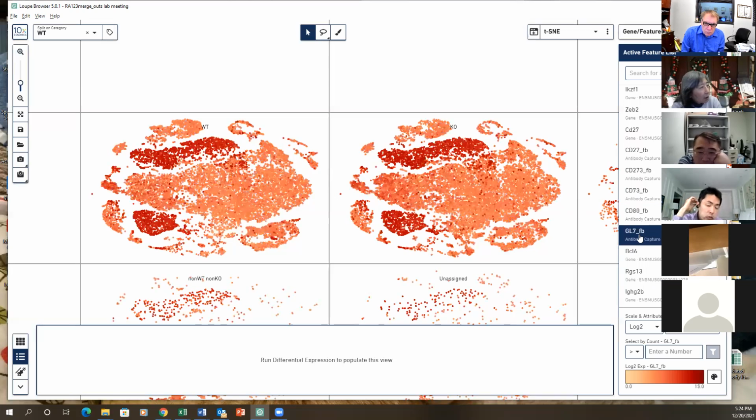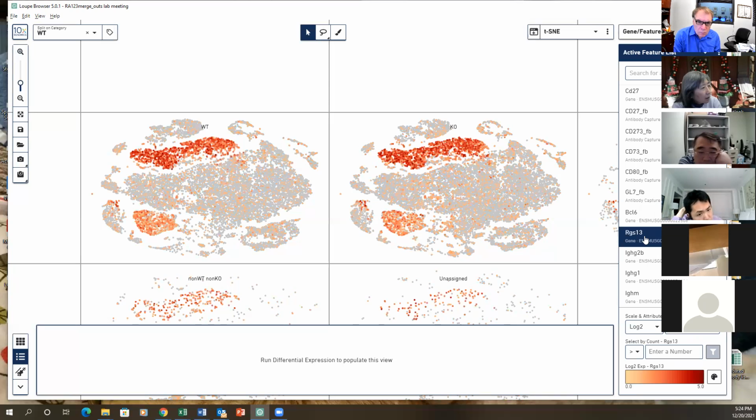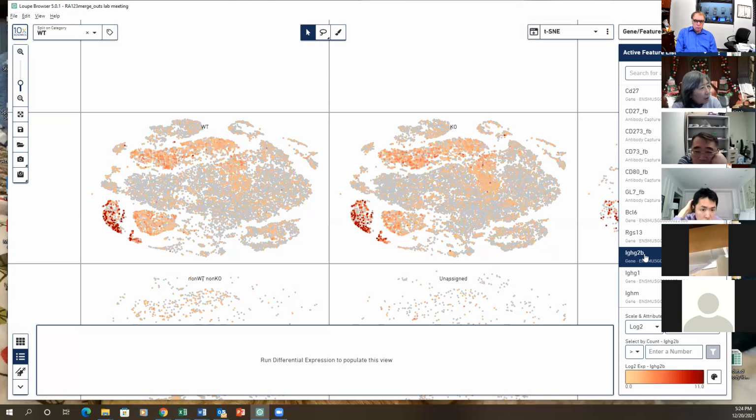07, it's similar. And BCL6 is all similar. Yes, 13 is similar. QB, similar.